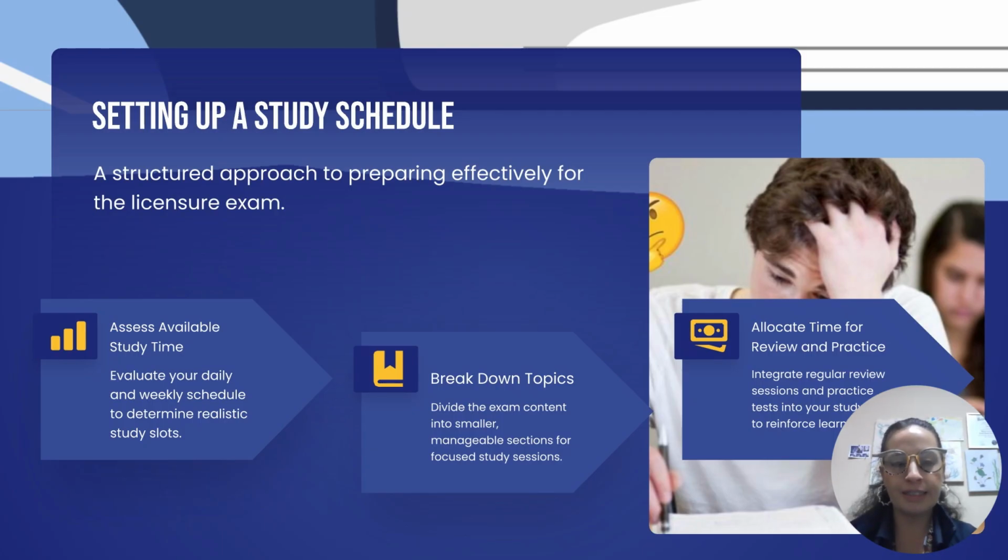But like it says here, you also have to make it good for you, because you have to assess your available study time, right? What does your day look like, right? Are you making it realistic to you, okay?